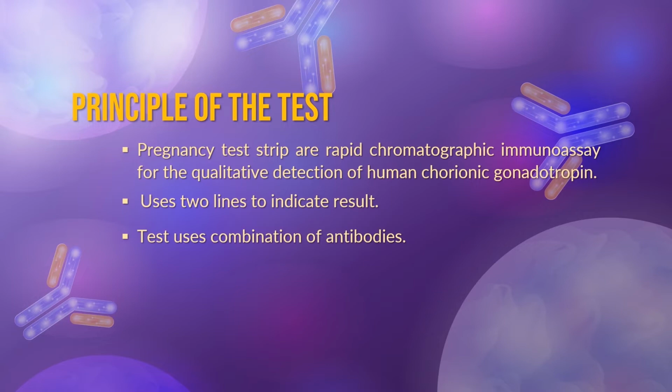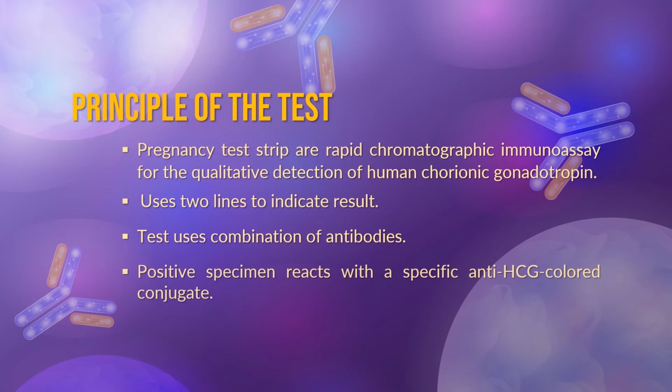The assay is conducted by immersing the strip in a urine or serum or plasma specimen and observing the formation of colored lines. The specimen migrates via capillary action along the membrane to react with the colored conjugate.